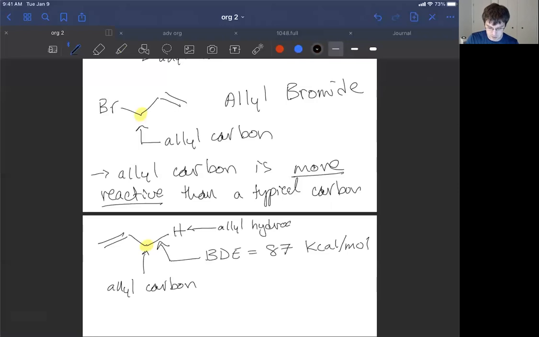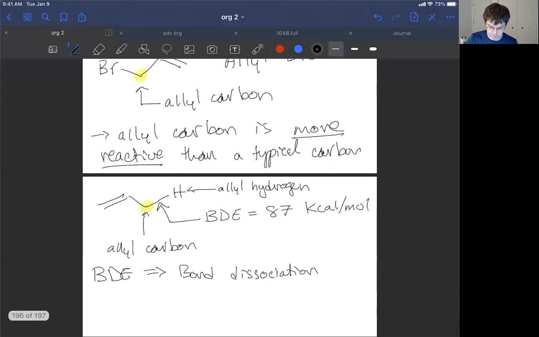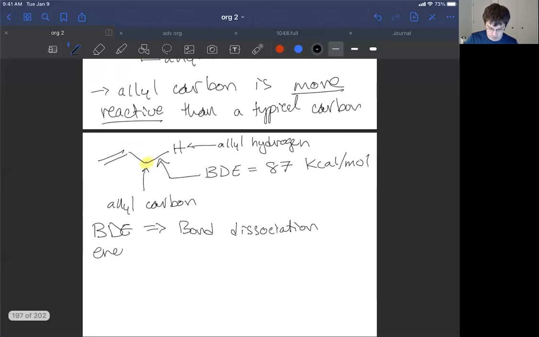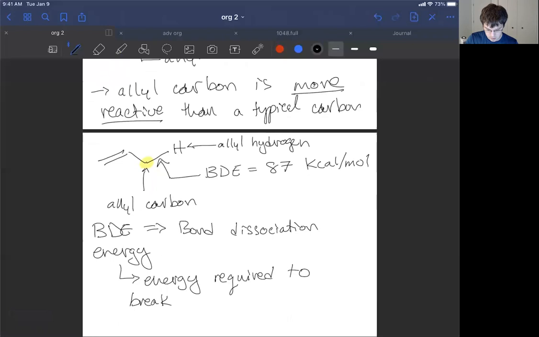Now let's take a second to remind ourselves what BDE is. BDE is bond dissociation energy. Bond dissociation energy is the energy required to break a bond by homolysis.